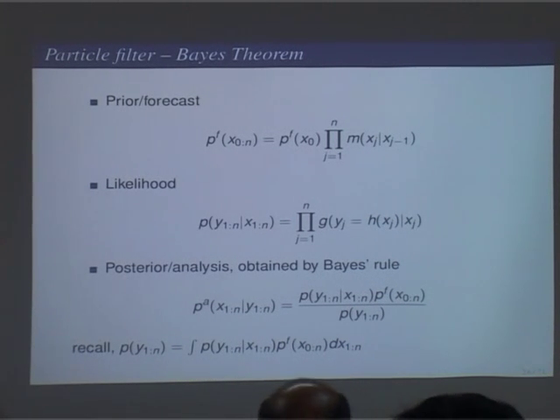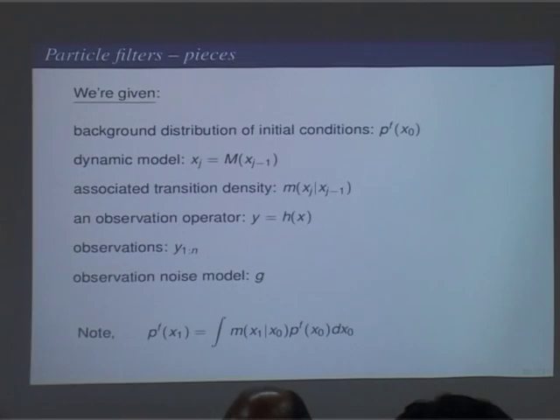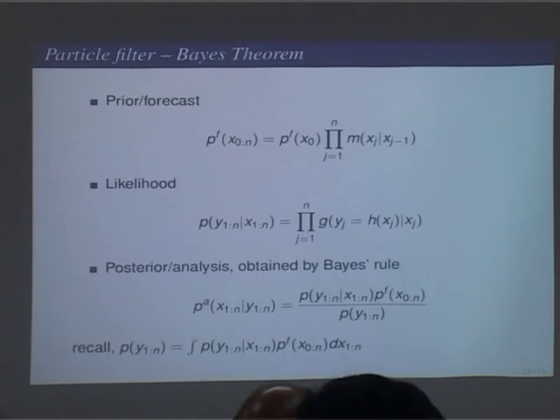And when we use it at subsequent observations, this is the integral that's hard if the model's nonlinear. This is why we have discrete algorithms to do this, because this is hard to do.